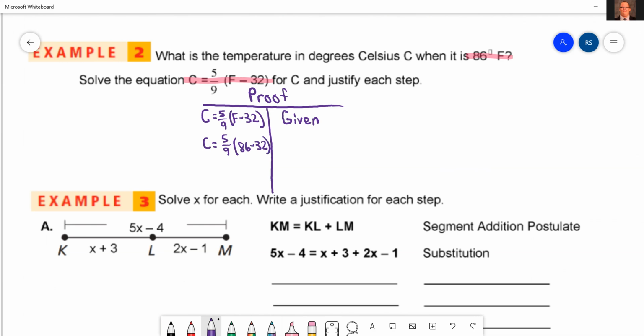How do I know that equation's true? We can't say given because that would just be saying F is 86. What did we do? Is there an F in the problem anymore? No. We substituted the 86 for the F. So this is going to be called the substitution property. This is our reason of equality.